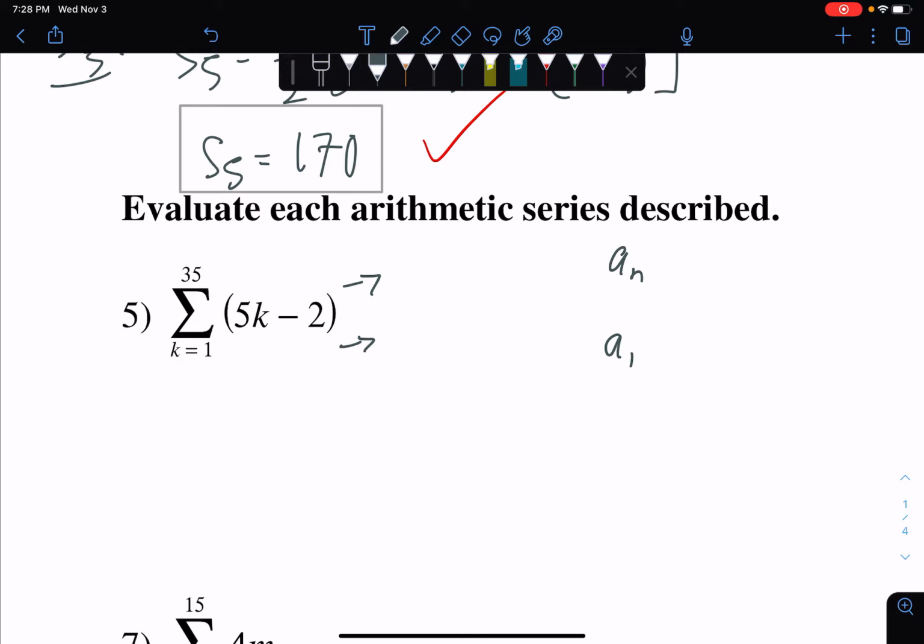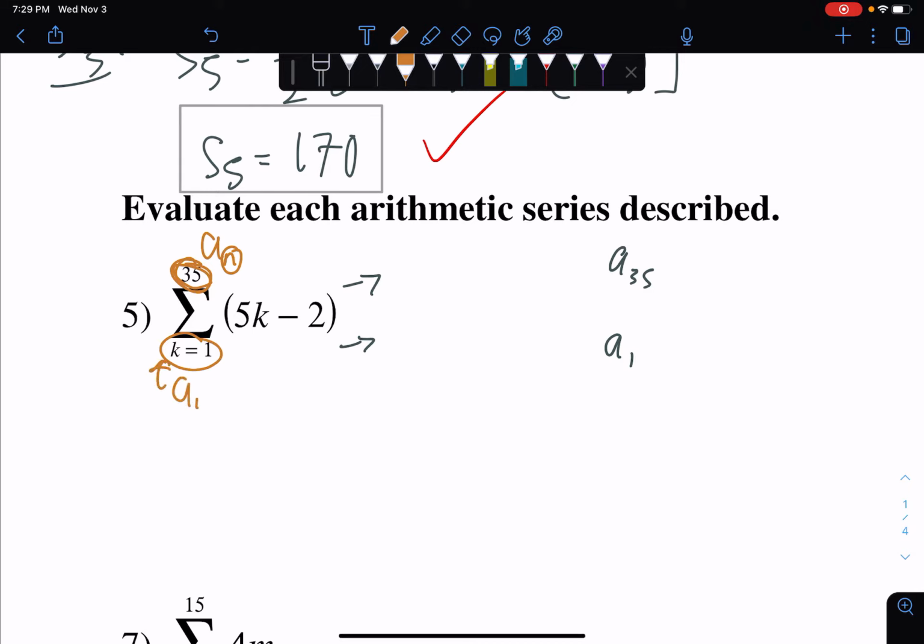A sub n is a sub 35 in this case, because the usual format of an arithmetic series in sigma notation is that the n of a sub n is the number at the top, and the number at the bottom gives a sub 1.